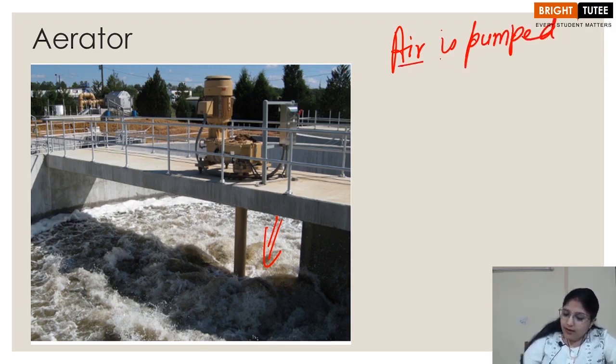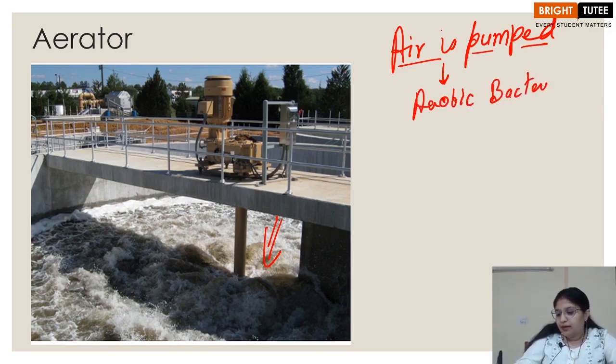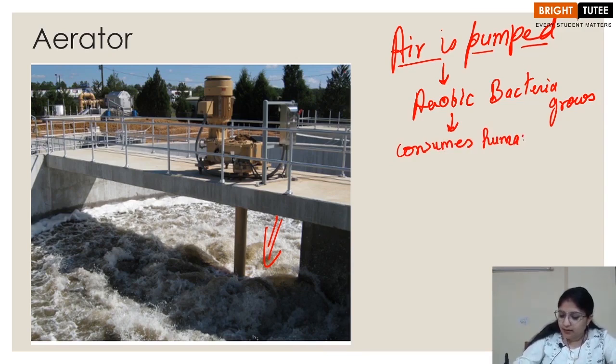Now, once the air is pumped into the clarified water, the aerobic bacteria grows, right? Once the growth of aerobic bacteria takes place, the aerobic bacteria consumes any human waste that might be present, any food waste which might be present, right?